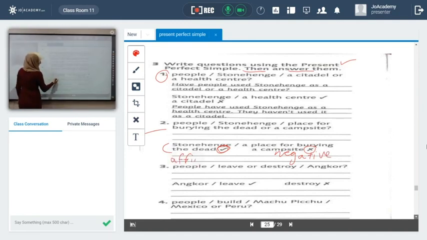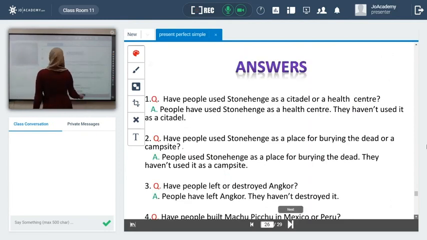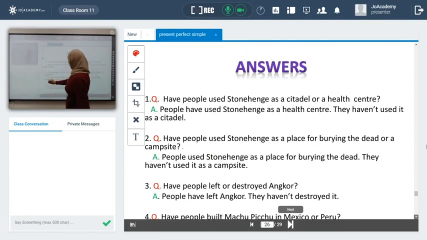So let's have a look at the answer. The question will be first, have people used Stonehenge as a place for burying the dead or a campsite? This is the question.